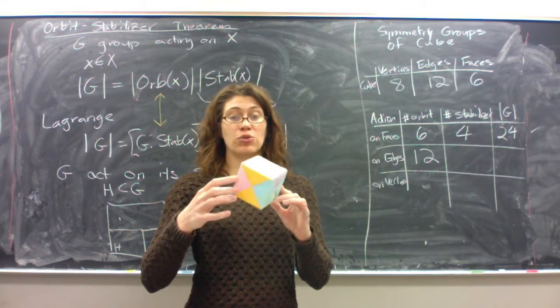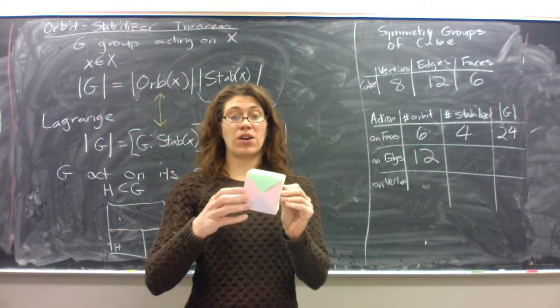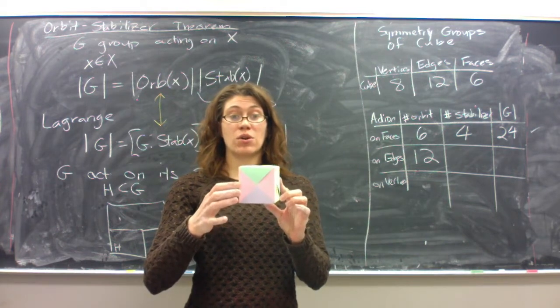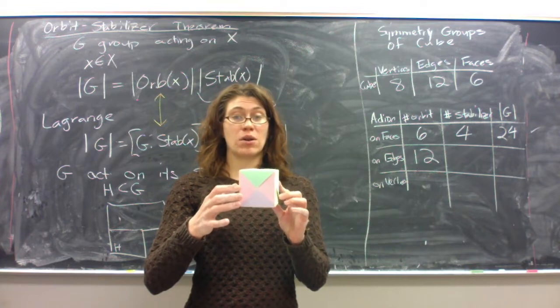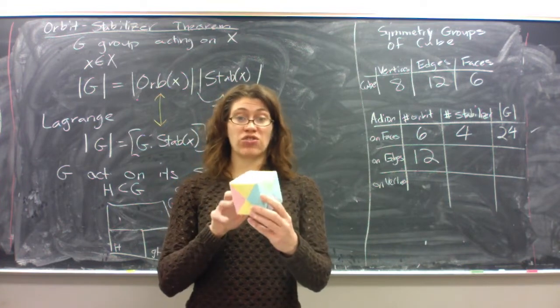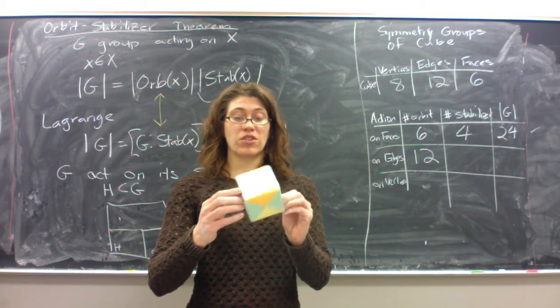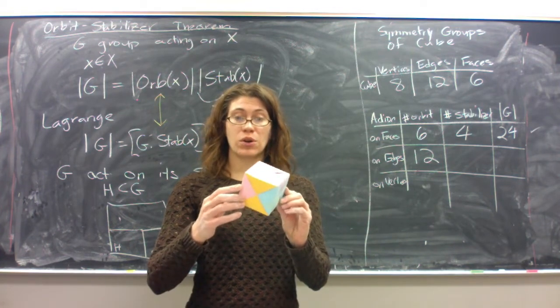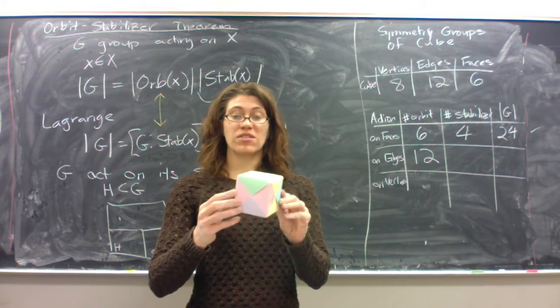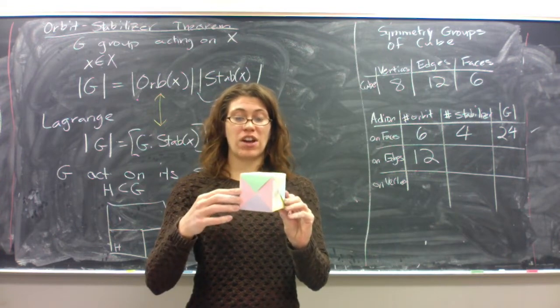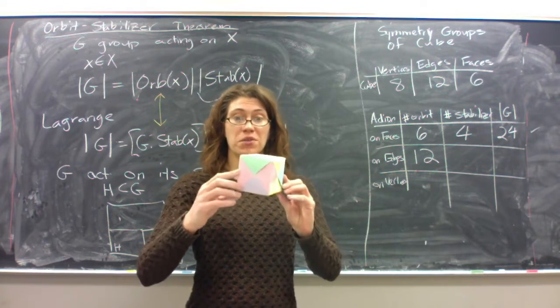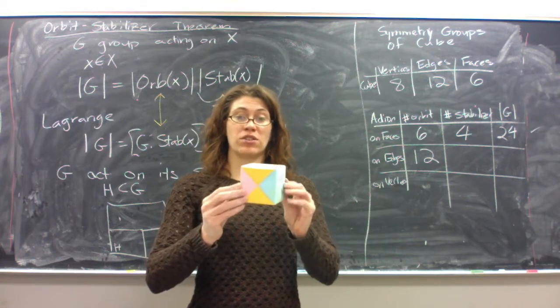I'm allowed to rotate by 180 degrees through that axis, but I cannot change that axis. So this means that there's only two elements in the stabilizer of this edge, and those are the one that does nothing and the one that rotates by 180 degrees.